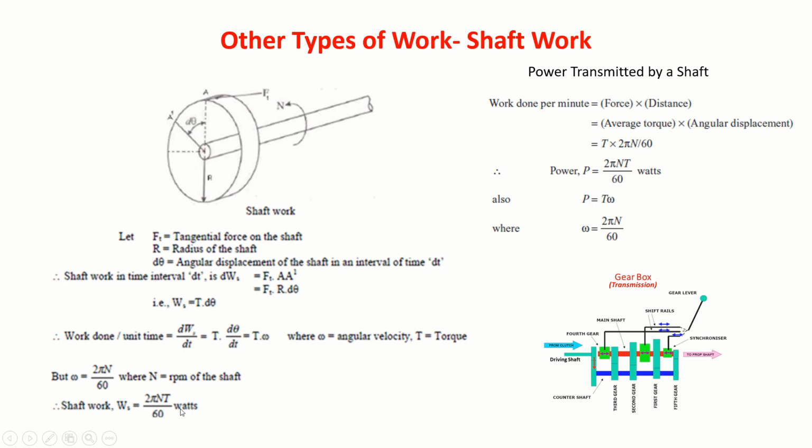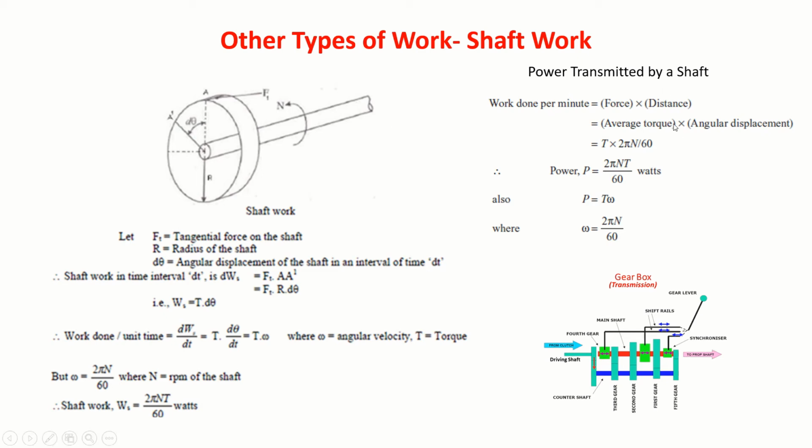It should be capital W, right? So W equals 2 pi nT by 60. That's how we say. It is very useful in mechanical engineering because we design many machine components, and at that time we use a large number of shafts, and it is necessary to design the shaft for different machineries.